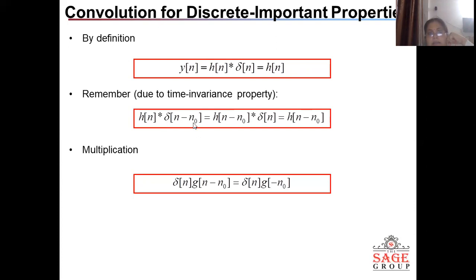So we'll get the result only at the position of n0, elsewhere its value is 0. Now if we multiply the impulse with any function which is shifted, we'll get the value at n minus n0.